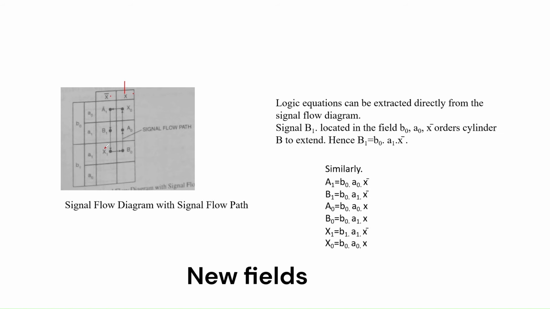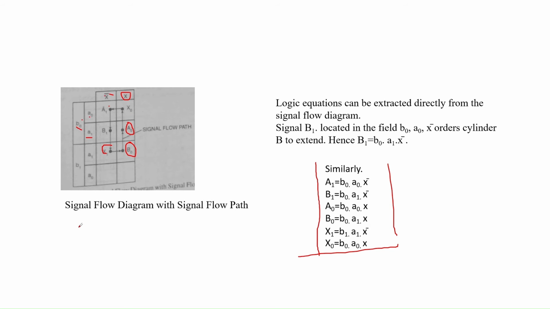The new columns are represented as X1 and X0, and from this we can write the equations for the respective fields. For example, as I have written here, for B1 we can write B0 A1 X bar. Similarly, we can write equations for all other fields.